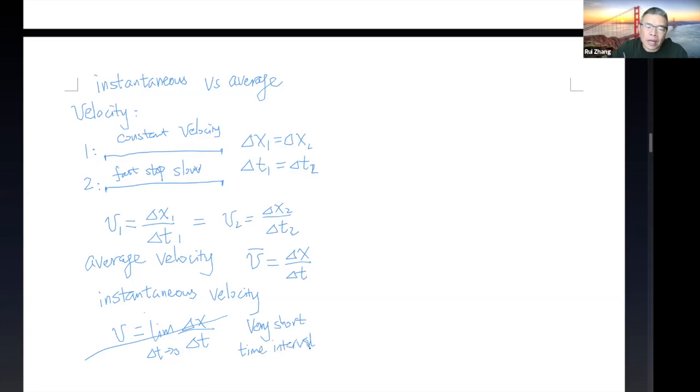Well, you may think, how do I know it's short or not, right? Well, you already use this idea every day when you're driving. When you're driving, you see your velocity on the speedometer, right? What does that number come from? Essentially, it is measuring the velocity in a very short time interval.